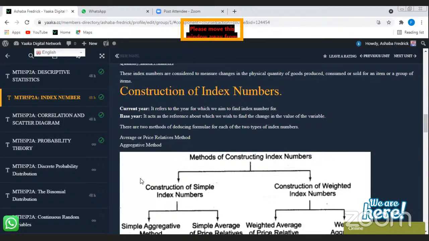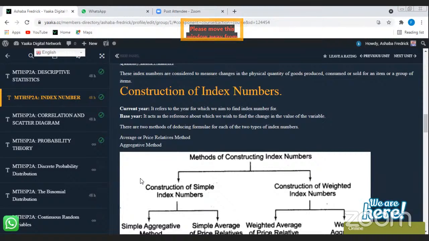Then we go to the construction of index numbers. We have the word current year, and another keyword which is the base year. The current year is a year for which we aim to find an index number. So if we want to find the index number of the year 2020, then the year 2020 becomes the current year.